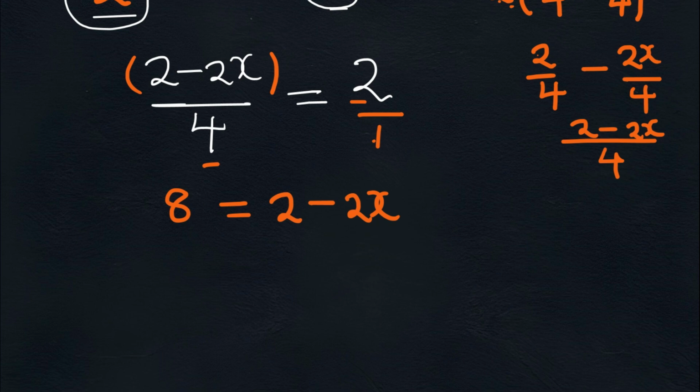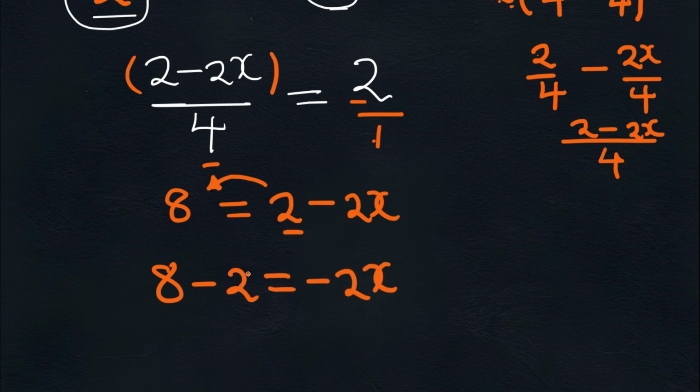And then we have to take 2 to the left hand side of the equal sign, so it is going to be 8 minus 2 is equal to minus 2x. 8 minus 2 is going to give us 6 is equal to minus 2x.